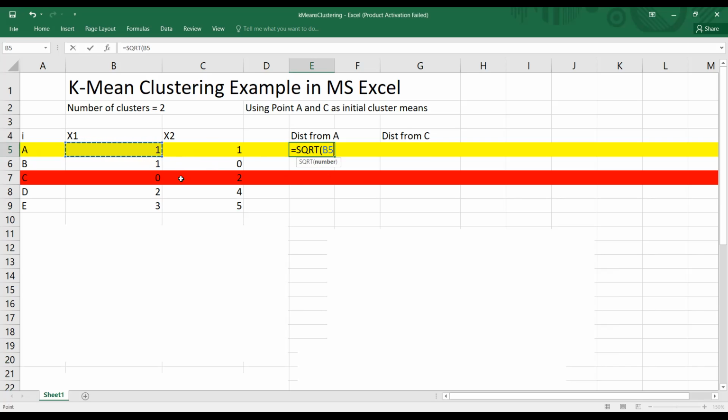So B5 minus B5 whole square, plus, this is basically the x2 minus x1 whole square, then y2 minus y1 whole square.